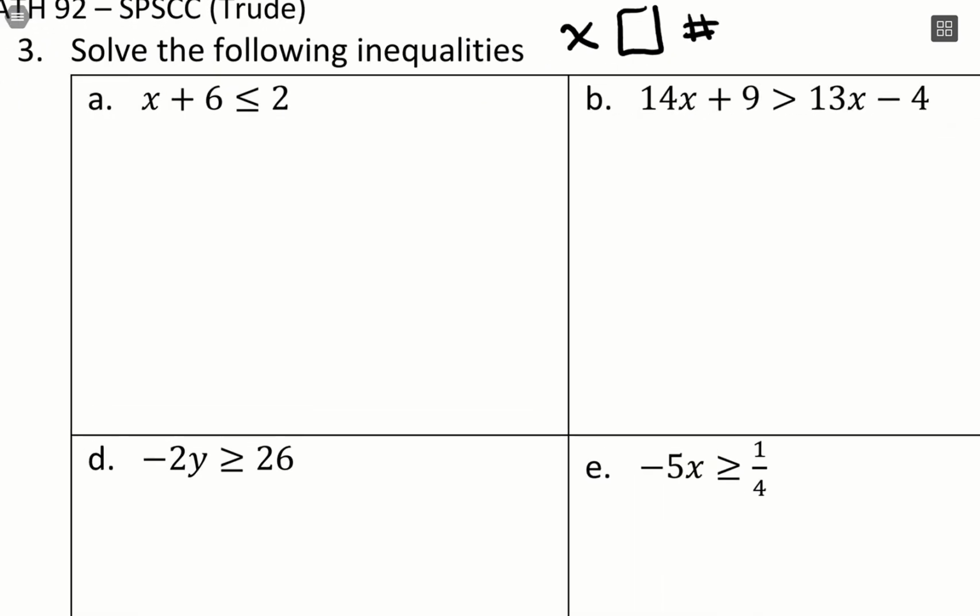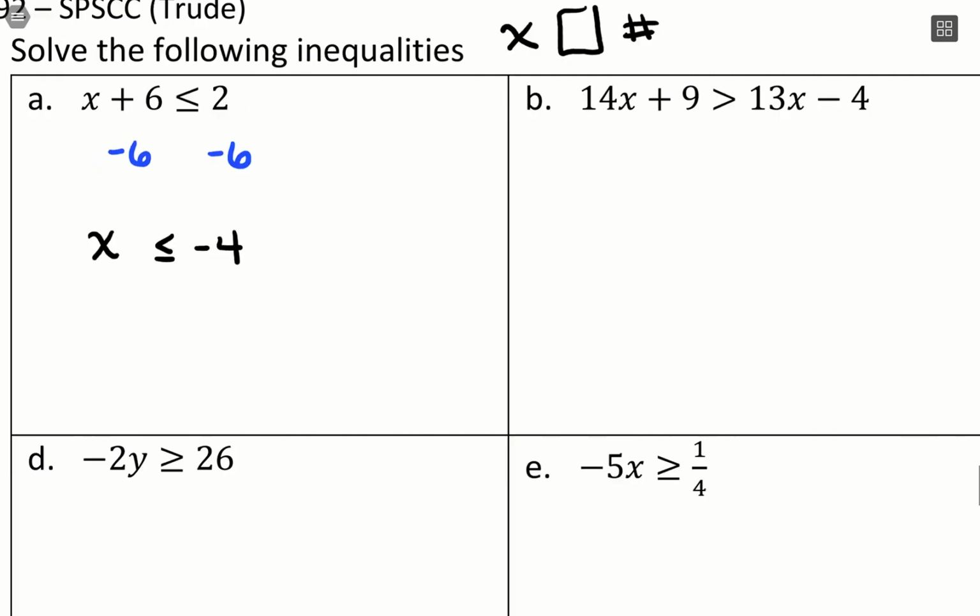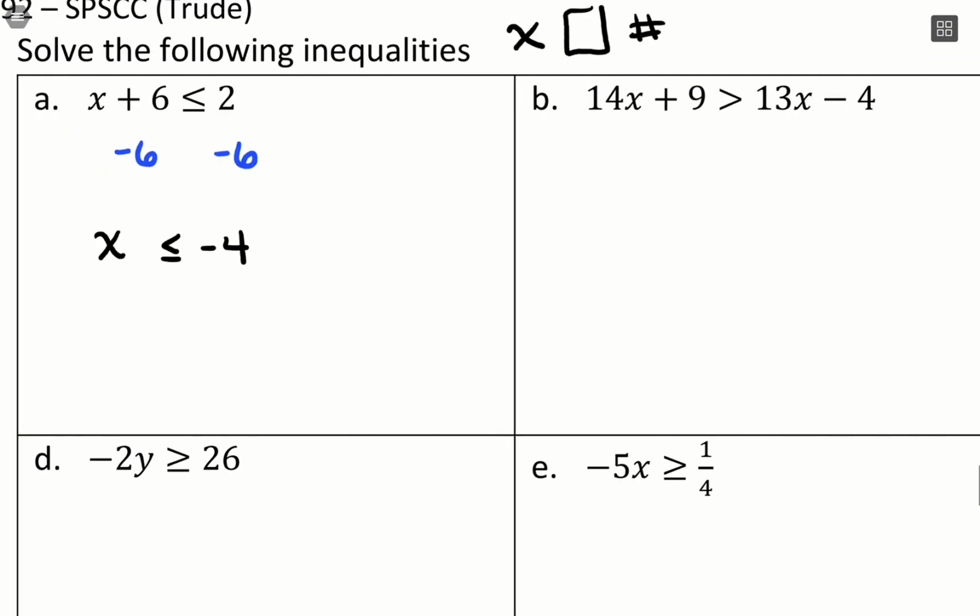All right, so this first one, to isolate x, we'll want to subtract 6 from both sides. So that'll leave us with x less than or equal to -4. And that's done. In terms of checking solutions here, you would just choose a number that's less than or equal to -4 and make sure that it works.